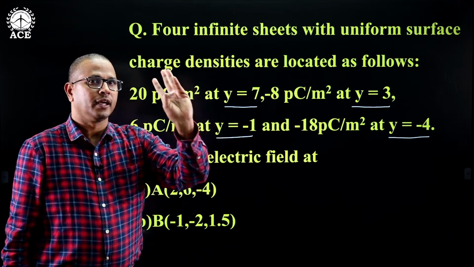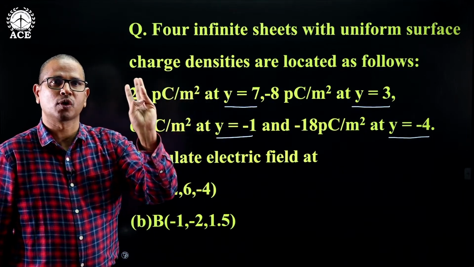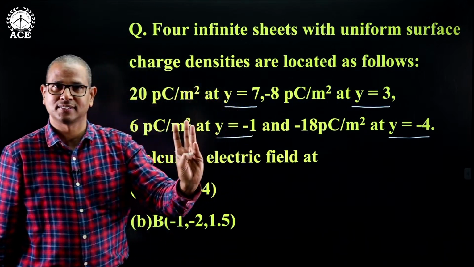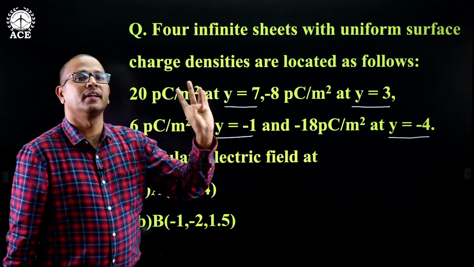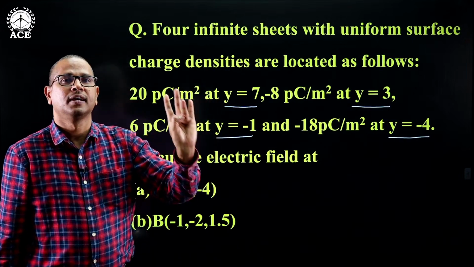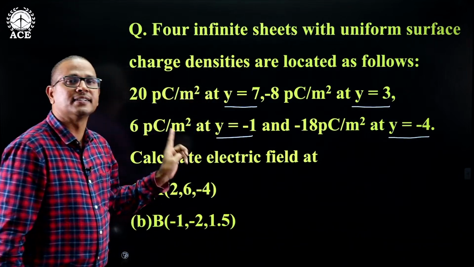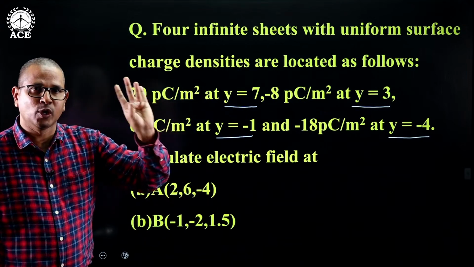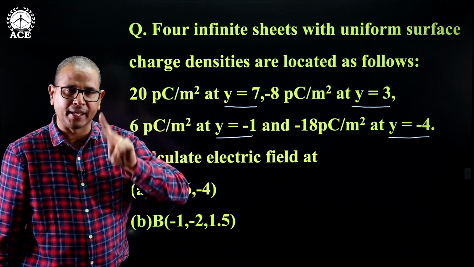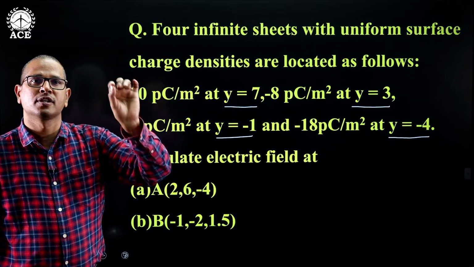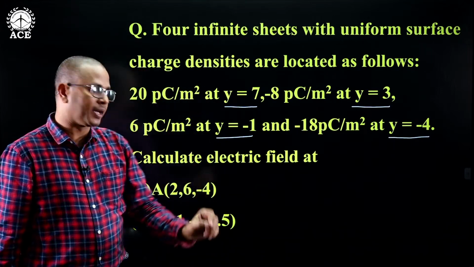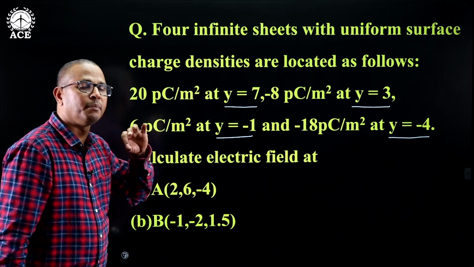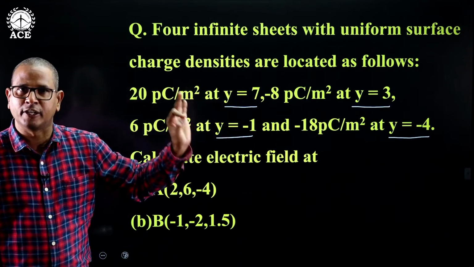Dear students, if the sheet is located in x equal to constant, concentrate on the x coordinates. If the sheet is located in the y equal to constant surface, concentrate on the y coordinates in the given data, meaning in the field point. If the sheets are located in the z equal to constant plane, then your concentration should be on the z coordinates, because these coordinate values will not have any impact on magnitude.